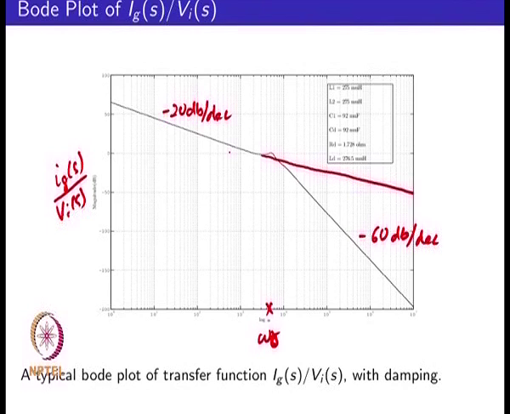So if you are considering a frequency such as say 10 kilohertz, this would correspond to around 6 into 10 to the power of 4 radians per second. So you are looking at essentially this point on the LCL filter and this point on the L filter. You have an attenuation difference of about 40 dB. So you get an improvement in attenuation by a factor of 100 for the LCL filter compared to the L filter.